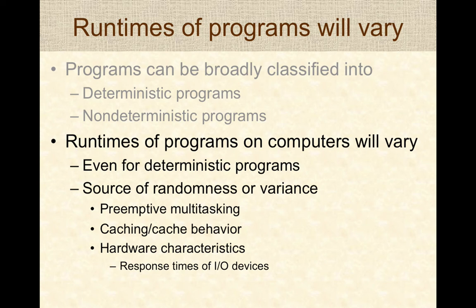In addition, depending on the hardware and the CPU, caching and cache behaviors can vary, and caching can introduce a lot of variance in the runtime of programs. Furthermore, other hardware characteristics like response times of I/O devices or other devices that the program may be using can introduce variance or changes in the runtime of the program.